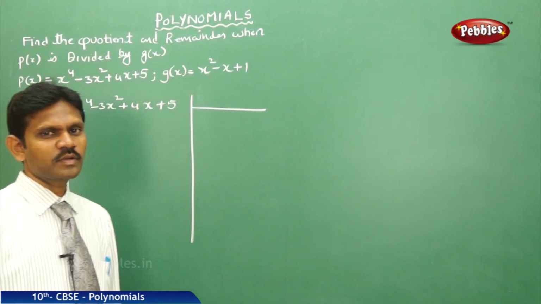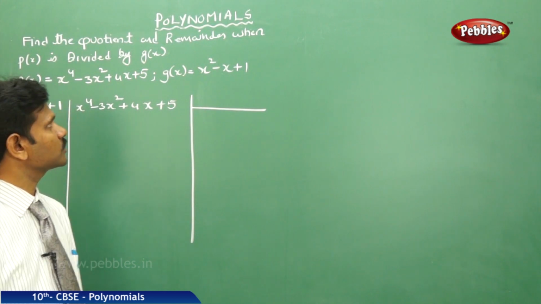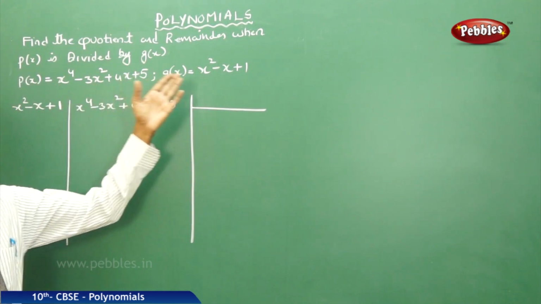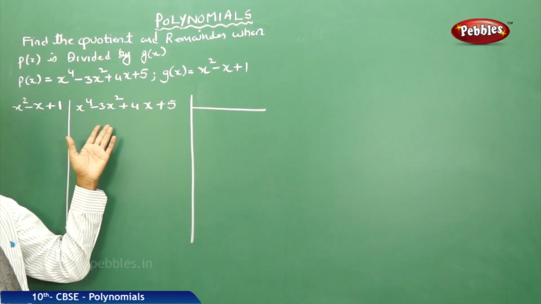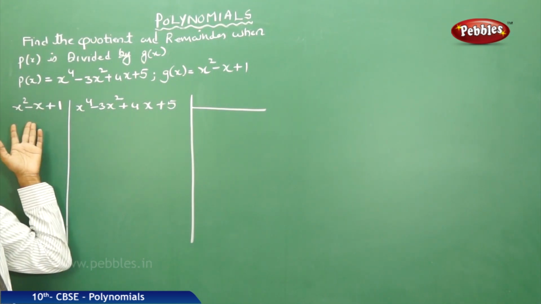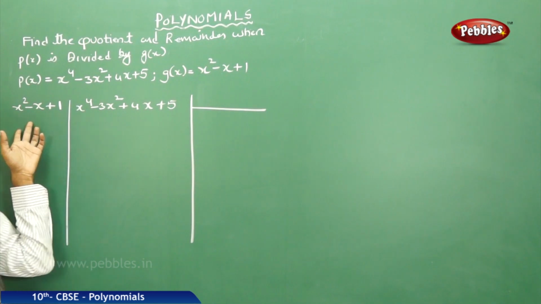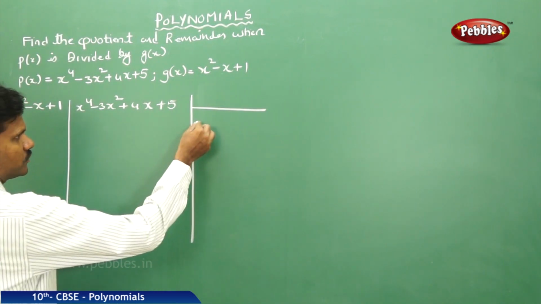Find the quotient and the remainder of the following question when p of x and g of x are given. Now let us arrange: p of x is the dividend and g of x is the divisor. Then first follow the first calculation.